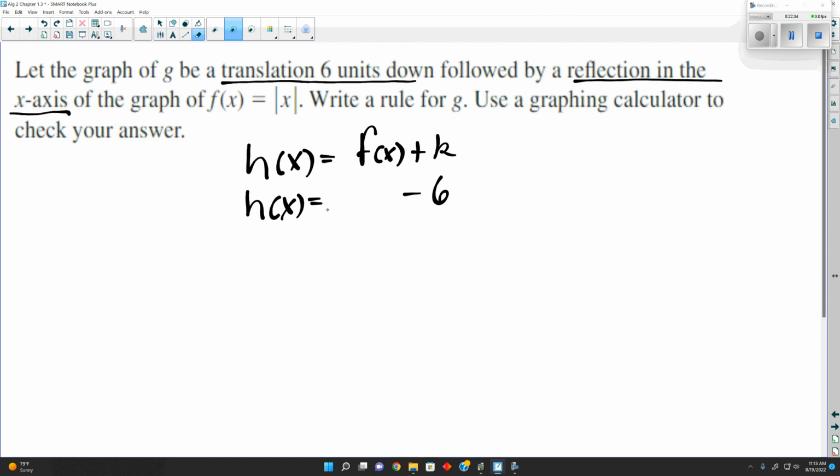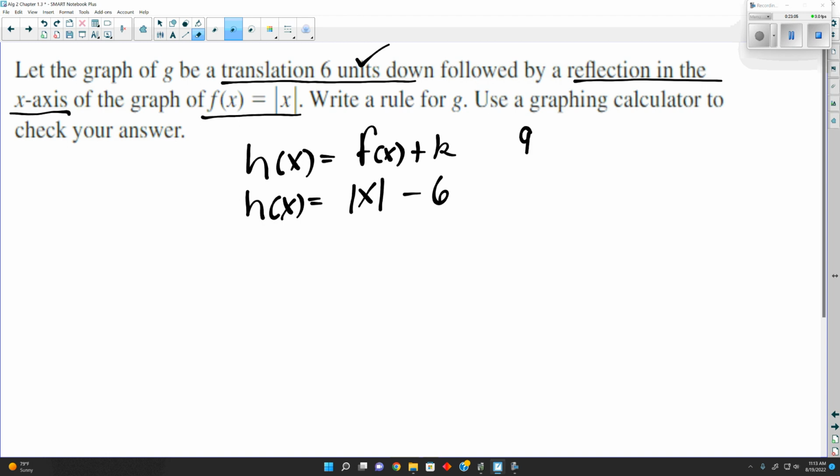And we're saying minus 6 because it's going 6 units down. And since the f of x is the absolute value of x, we will replace it. And this is actually our function, the absolute value of x minus 6, because we can add the parentheses in, but then we would just drop them. So that is for the translation of 6 units down. But we also have a reflection in the x-axis.